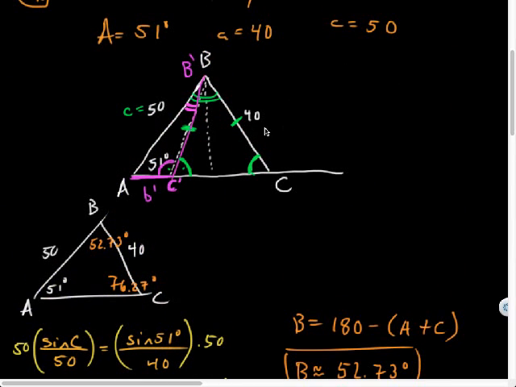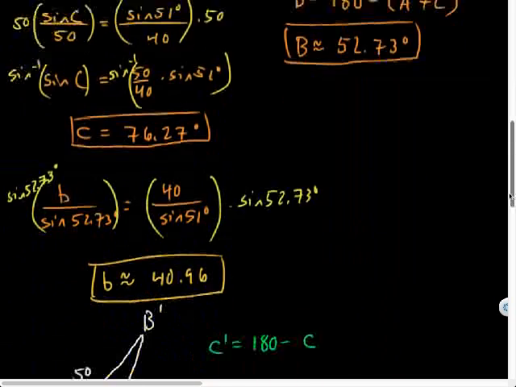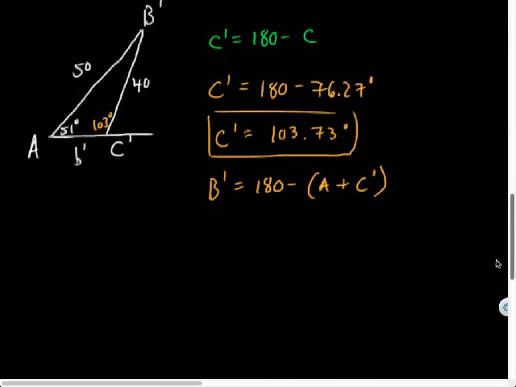I mean, I have multiple colors here, so maybe this sketch isn't that confusing for you, but it very well could get that confusing. So let's see, B prime, I'm expecting to be smaller than angle B, right? So that's going to be 180 minus, in parentheses, the second answer, 103.73, plus whatever angle A was, which was 51, close parentheses, and I get B prime is equal to 25.27 degrees.